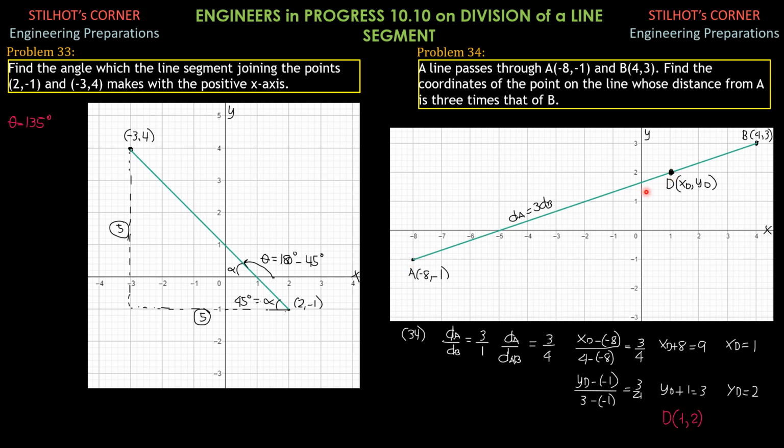So distance AD is 3 parts, while distance DB is 1 part. So the distance from A is to the distance from B as 3 is to 1.